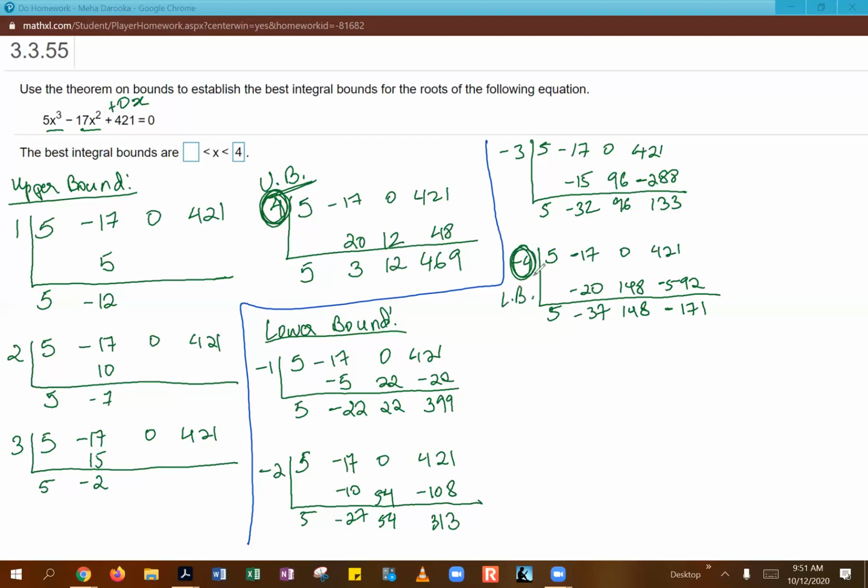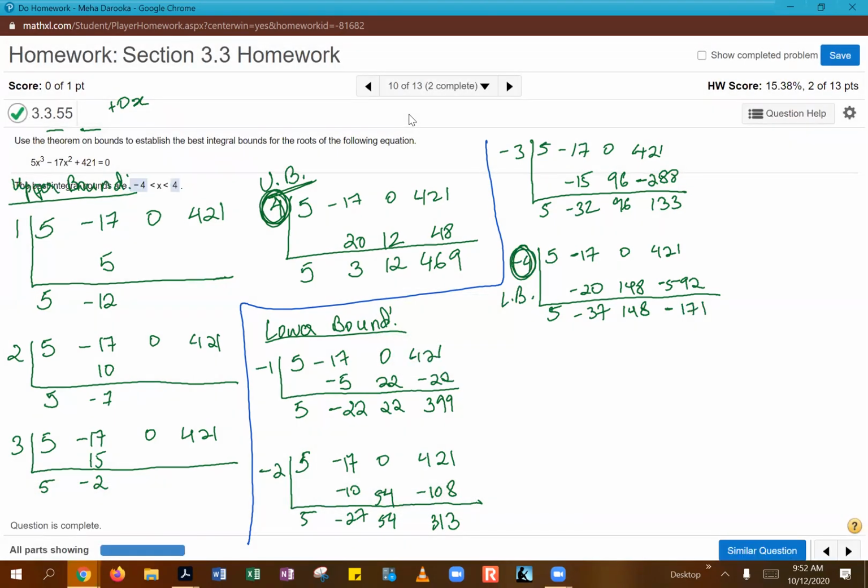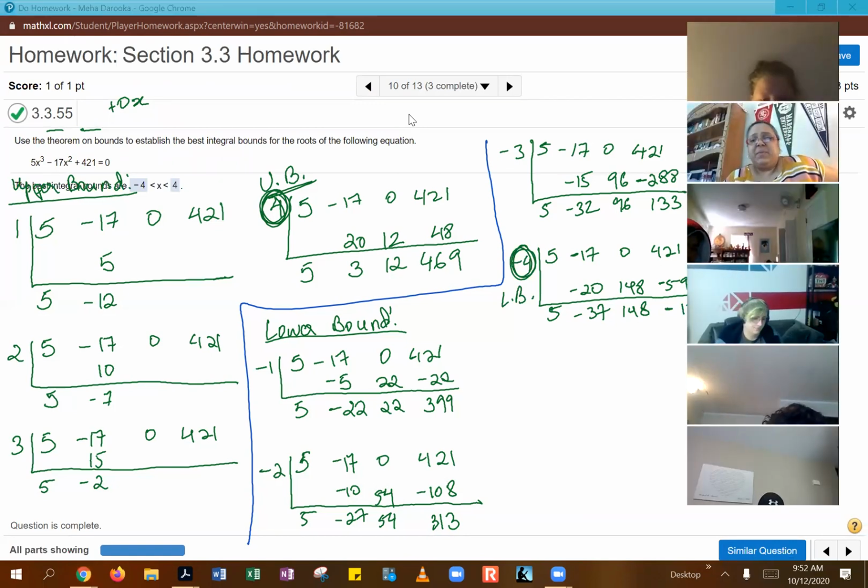And you know, it's not always going to be that the positive number 4 becomes your upper bound and negative number 4 becomes your lower bound. It's going to be different for each example. Okay, so let's check this. So yes, this process can get a little tedious.